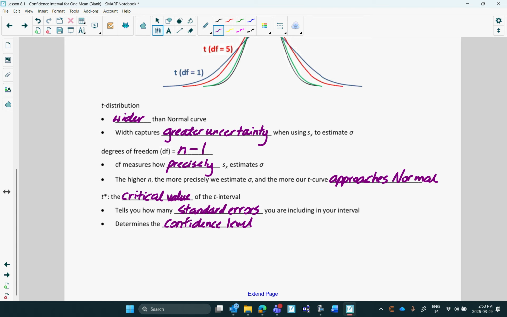So the wider out we go, the wider the interval gets, obviously. If we want to decrease our confidence level, then that's going to decrease the interval.